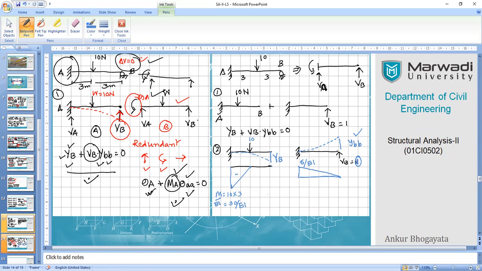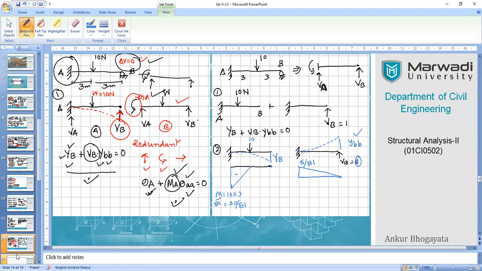Now what we have to do, we know that when you want to find deflection with the help of the moment area method, as we have learned earlier, you have to take the moment of area of this M by EI diagram about a point, and if you want to find rotation, you have to consider only the area of the M by EI diagram, right?